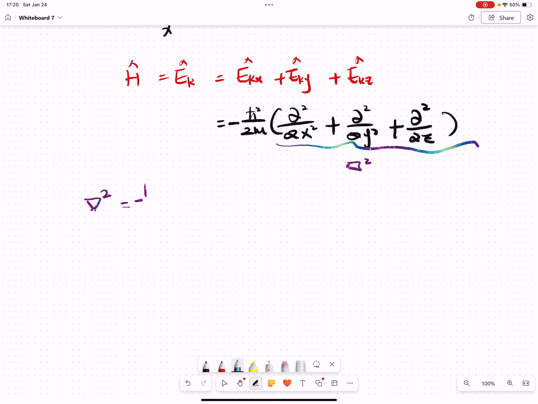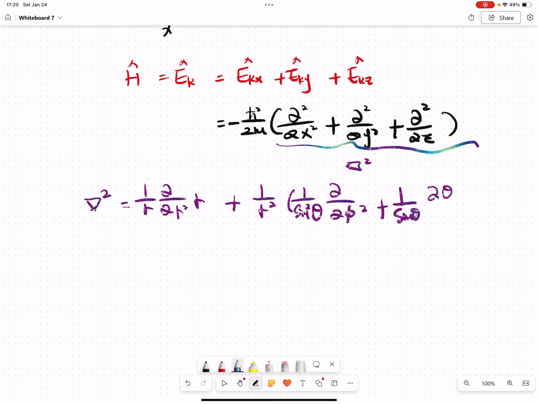The Laplacian actually equals 1 over r times the second derivative in r times r, plus 1 over r squared times, 1 divided by sine squared theta times the second partial derivative in phi, plus 1 over sine theta times the partial derivative in theta of sine theta times the partial derivative in theta. Well, this looks very scary.